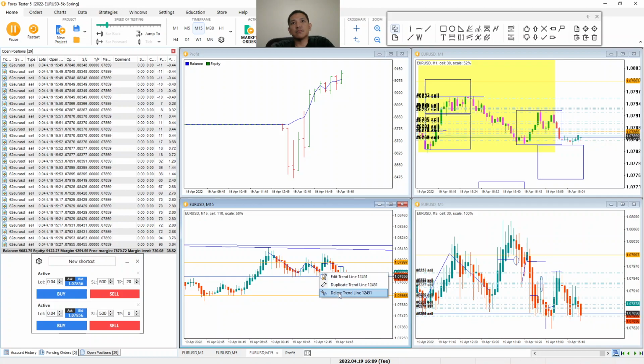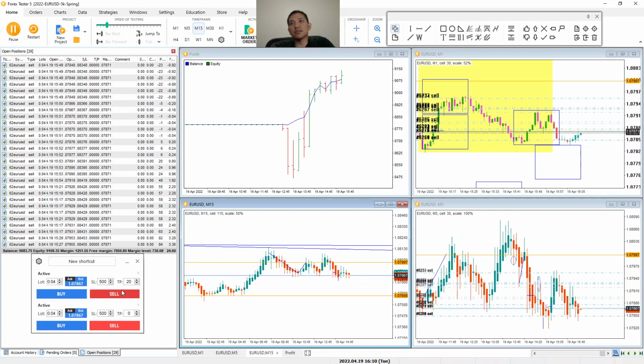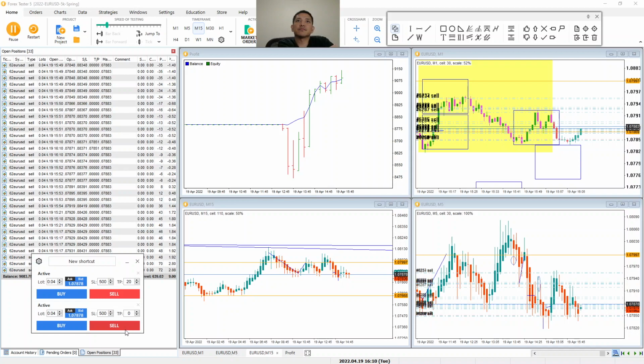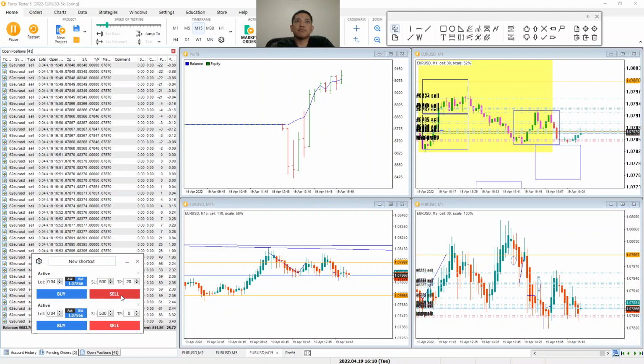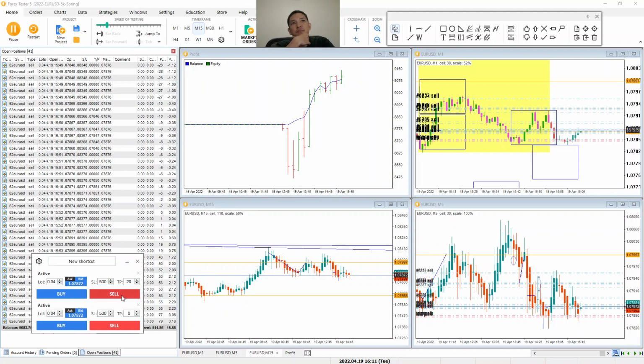Clean up my charts in the meantime here and just wait it out. Slight pullback. Again, add to the sells. Add 2 TPs so then I don't have to take them off manually.